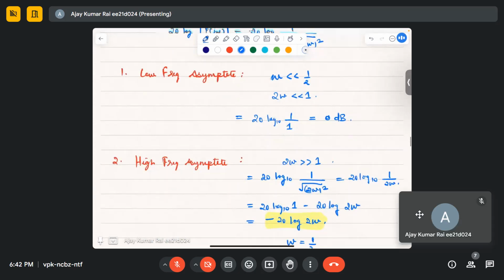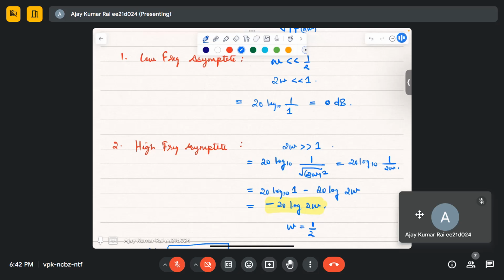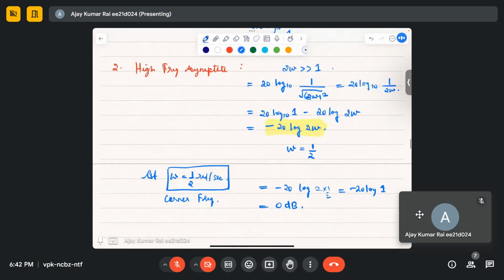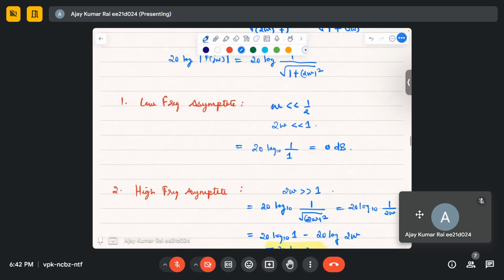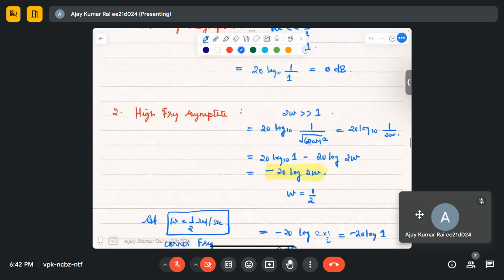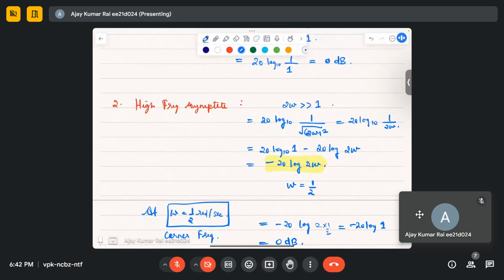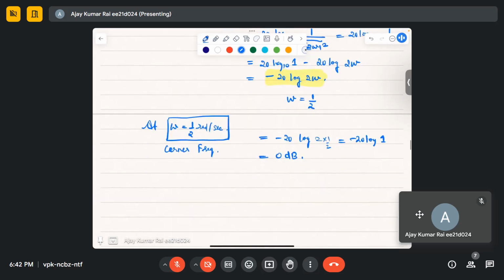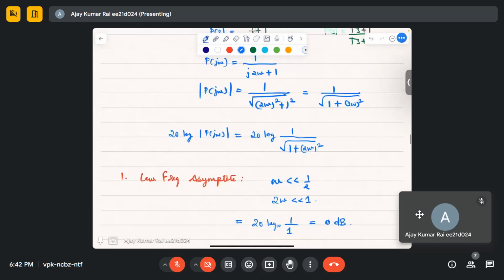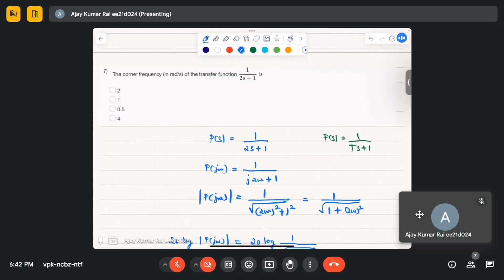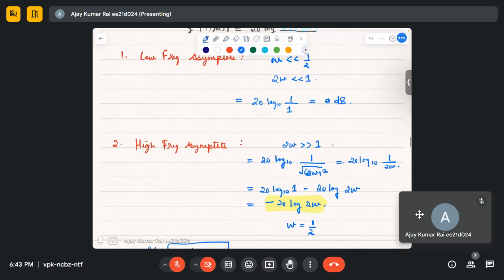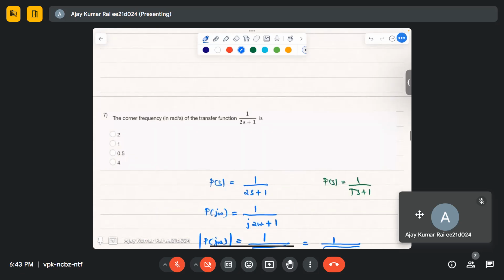At what frequency are these two asymptotes meeting? They are meeting at omega equal to 1 by 2. I have highlighted the high frequency asymptote magnitude, so just see at what value of omega the magnitude equals the low frequency asymptote, 0 dB. At omega equal to 1 by 2 you get 0 dB. So that is the corner frequency: 1 by 2 radian per second.